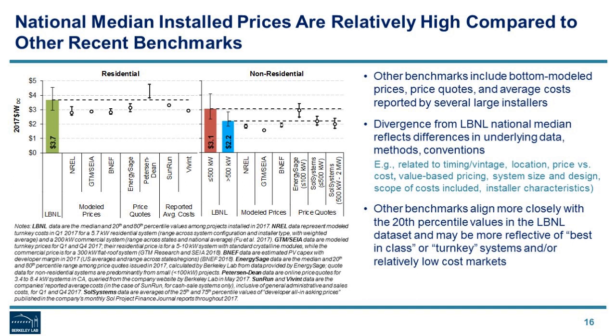Sizable fractions of the systems in our data sample include premium efficiency modules, or are installed by relatively small firms, and that can also contribute to some of the discrepancies here between these national median values and some of the other benchmarks. The bottom line, though, is that most of these other benchmarks here, they're not actually totally out of line with our data. It's just really more that they align more closely with, say, the 20th percentile pricing level rather than the median prices, and as such, maybe a little bit more reflective of, say, best-in-class or turnkey type systems.